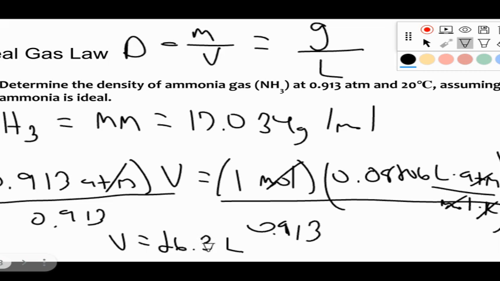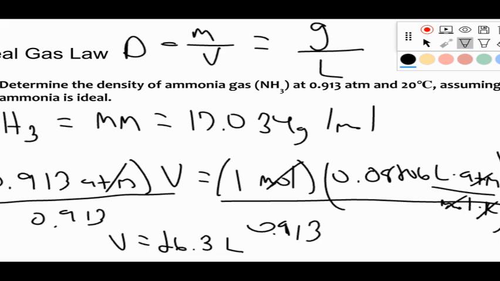If I had no work here and gave an answer, they wouldn't give me any points. But they're pretty fair about there being issues sometimes with calculators. Sometimes we type things in wrong, especially when you're stressed out on a test or fatigued from taking a long test. And so in those circumstances, they will be a little bit lenient as long as you show good chemistry. They'll give you points for it.